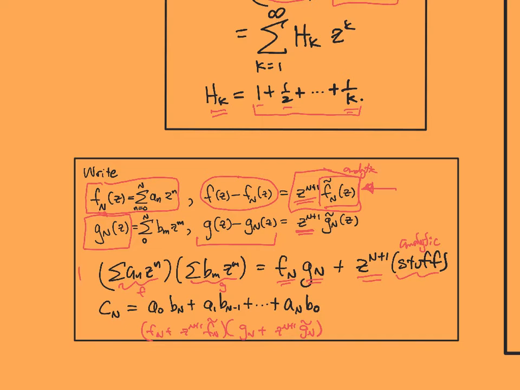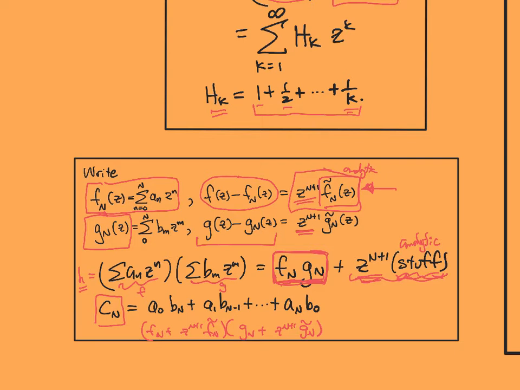So in this product, let's call this h, I'll get f_N g_N plus z^{N+1} times analytic stuff. So this part is not going to contribute to the Nth coefficient of h, or the c_N coefficient. But the part that will contribute is this product of the beginnings of the power series of f and g.